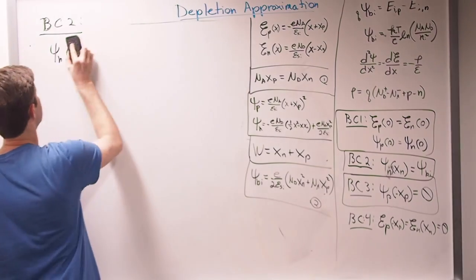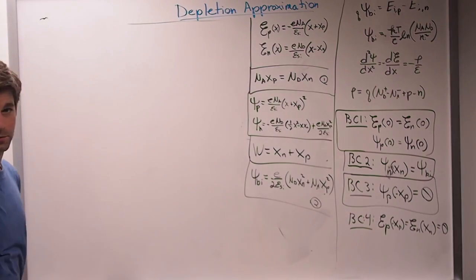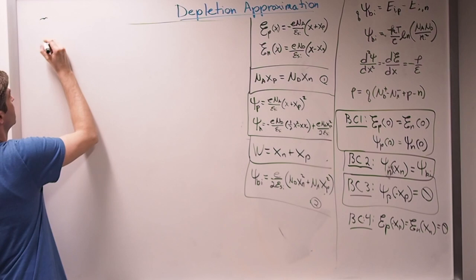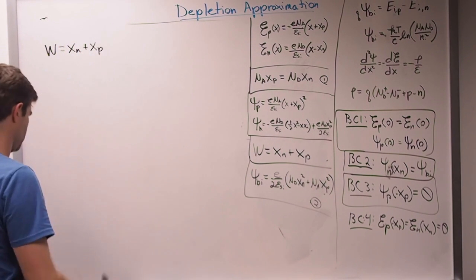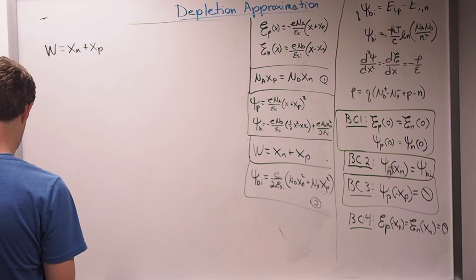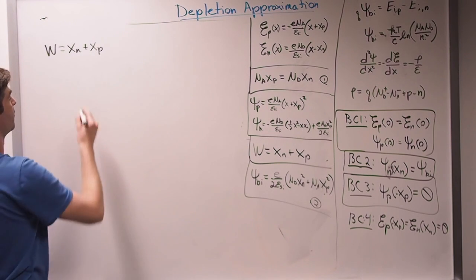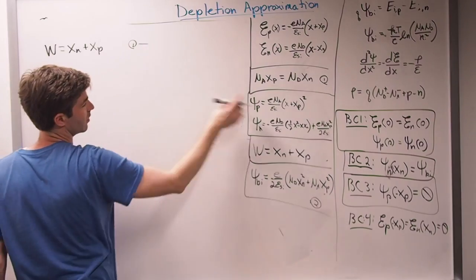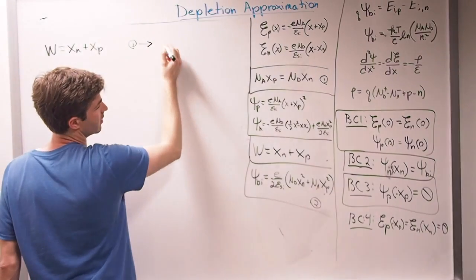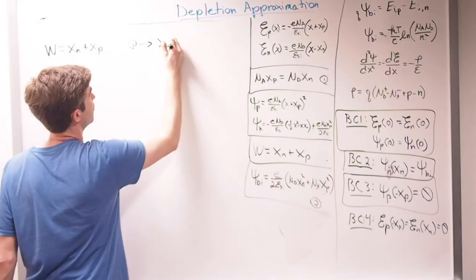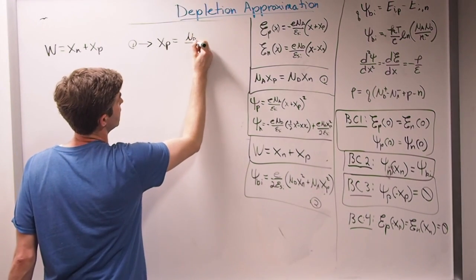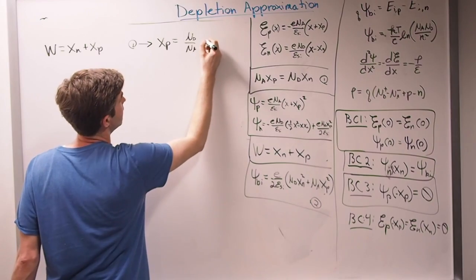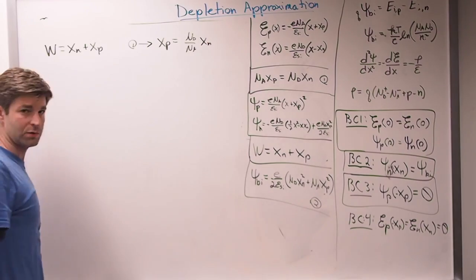Now, we can actually solve for the depletion width W, which is equal to x_n plus x_p. Again, this is just a lot of algebra from equation 1. Here I can say that x_p is equal to N_D over N_A x_n.